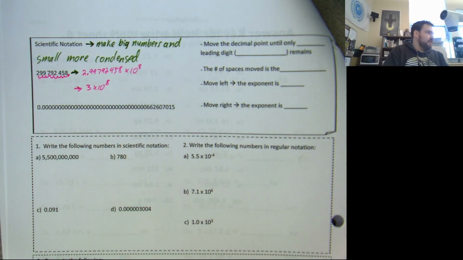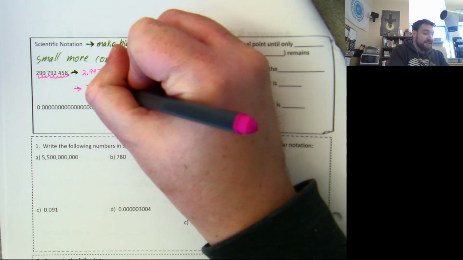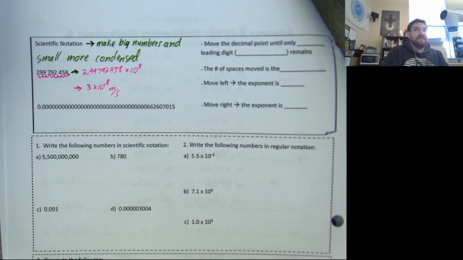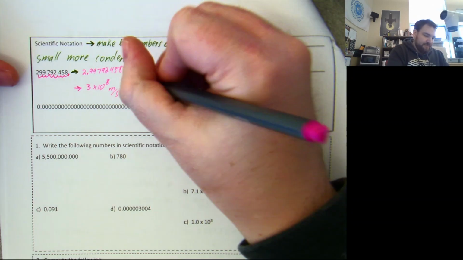So does this number look even remotely familiar to any of you? 3 times 10 to the 8? Nobody? No, my Germans? My Spanish students? Nothing? Okay. This number has units of meters per second, which means whatever it is, it's going really fast. It's the speed of light.